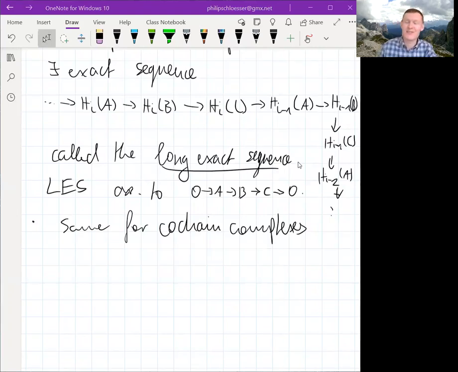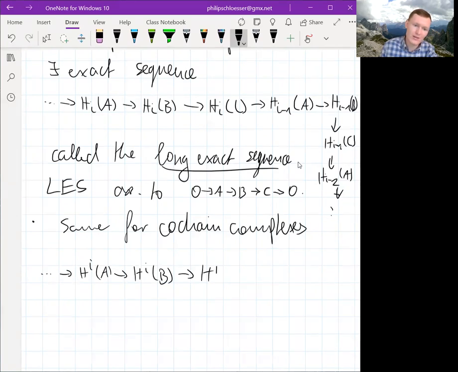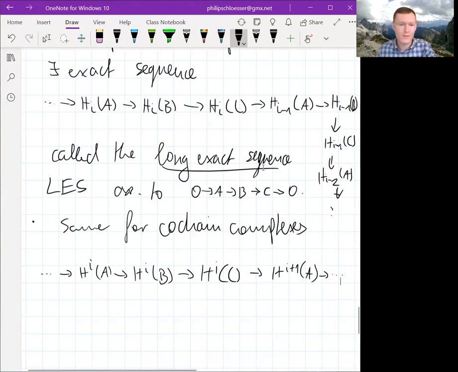Or one could also say the snake lemma is some weird special case of this. Well, in any case, for cochain complexes, the sequence looks slightly different because essentially we are not going one degree down, but one degree up. So we have H^i A to H^i B to H^i C, and then we go to H^{i+1} A, and so on.